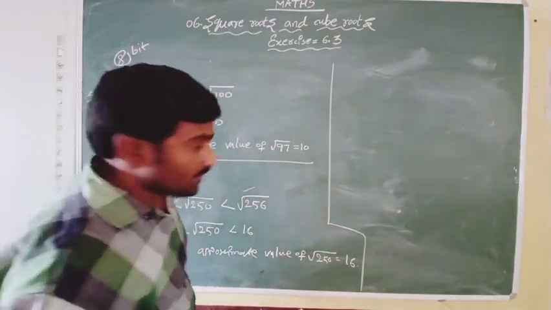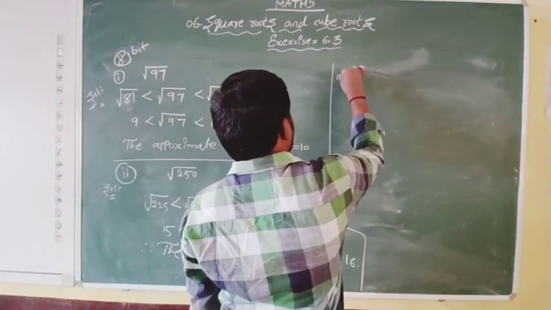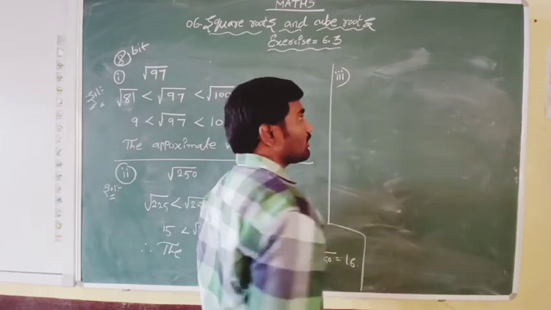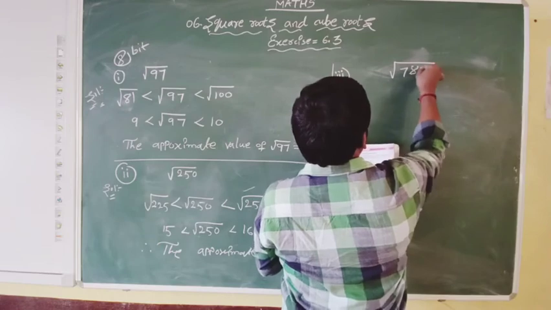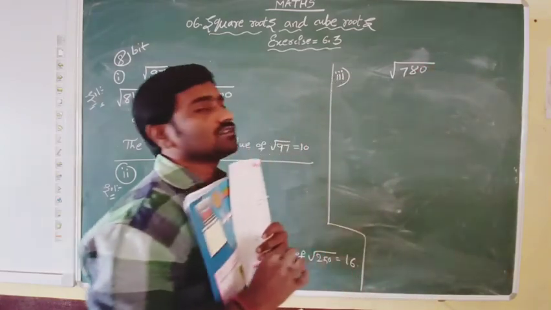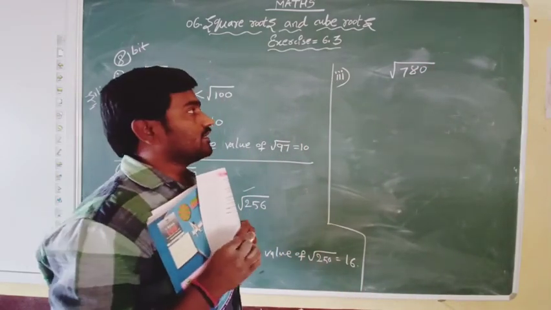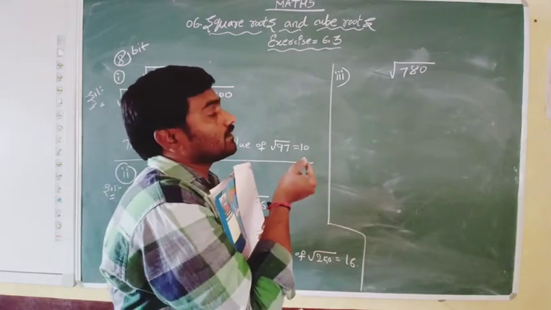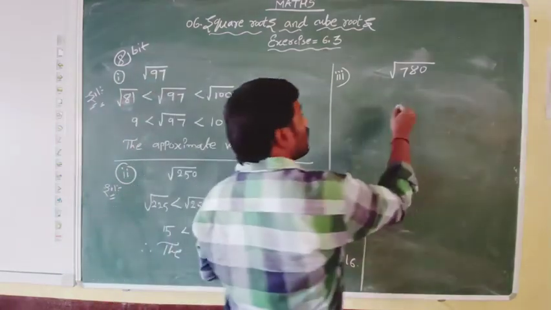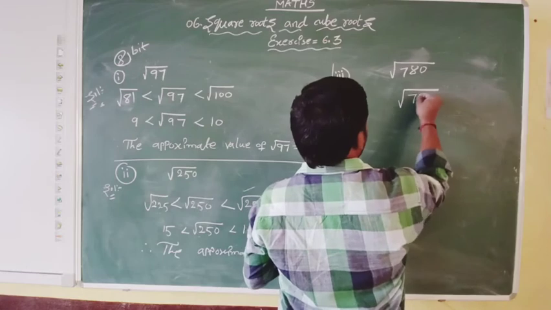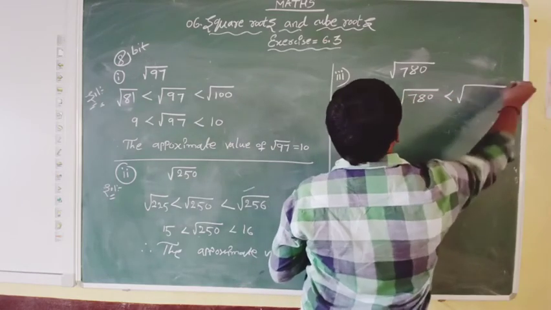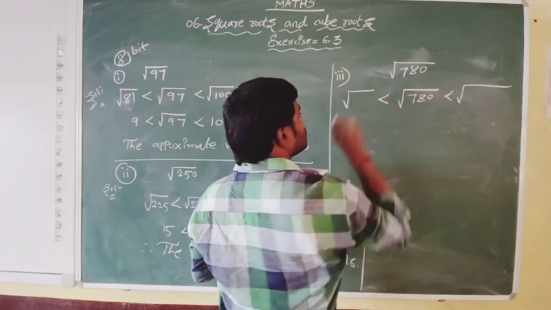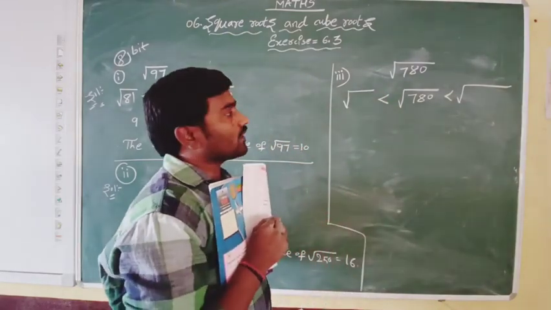Yes. Third one. I hope you can do it now. Square root of 780. Here for 780 we have to write two numbers, one before and one after.